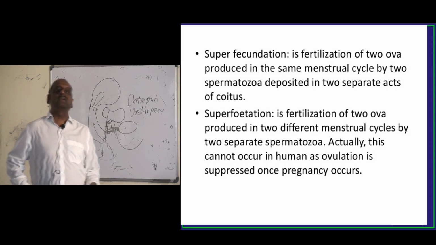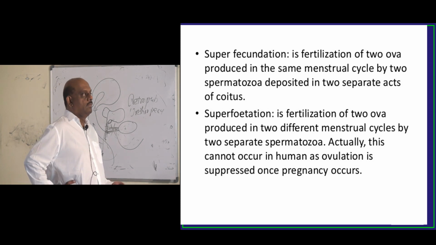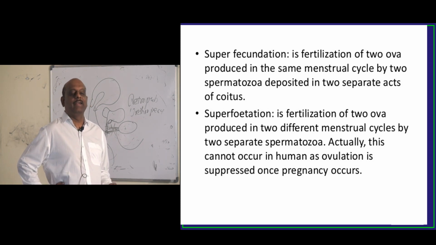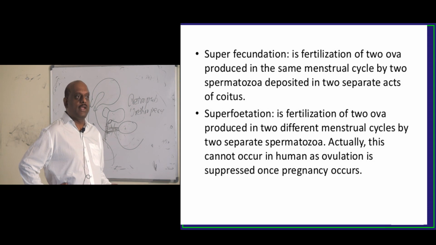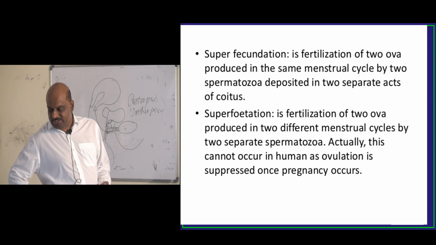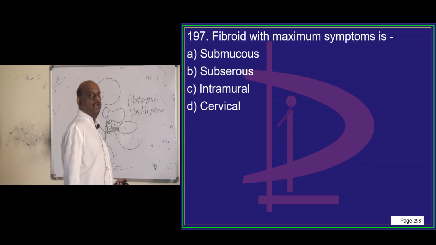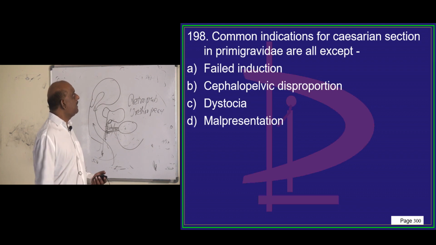But it is unlikely to happen in human beings because once ovulation and fertilization have happened in one cycle, the next ovulation cannot happen. So superfetation is unlikely. Fecundation likely. Fibroid with maximum symptoms is a submucous fibroid.